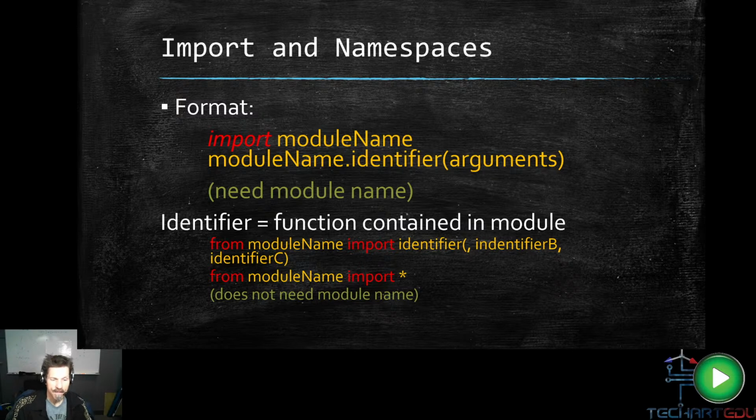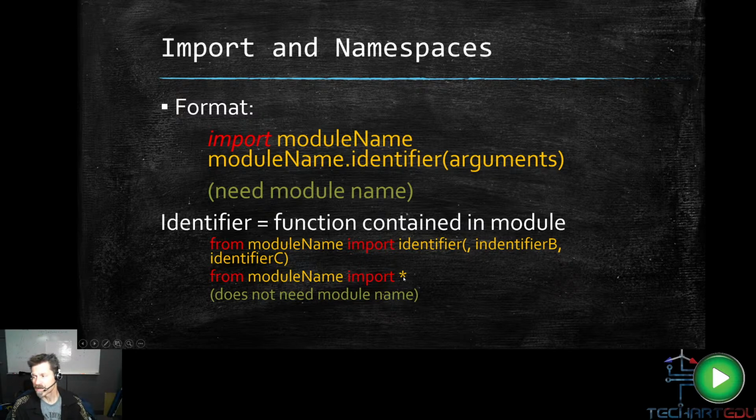Now we could instead say from the particular module, import only the specific function. So don't include the entire module, I just want you to include just one of those functions, and that's all it's going to pull in. Now, if we really want to be lazy, we would just say from that particular module, import star.